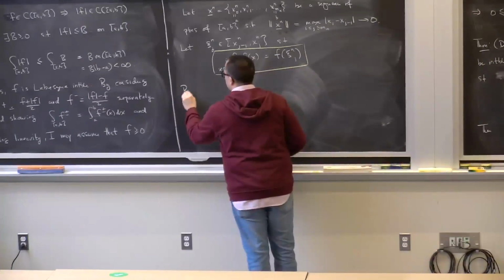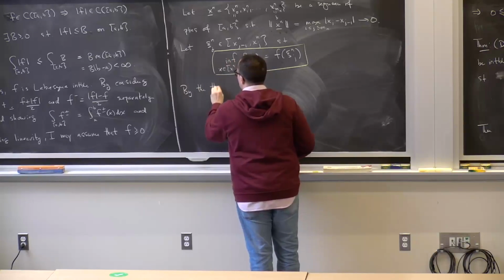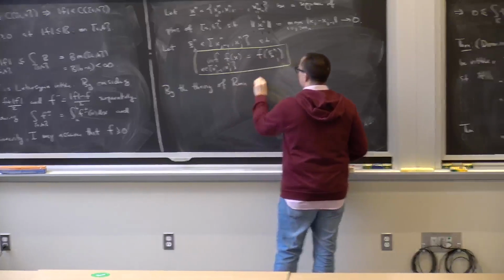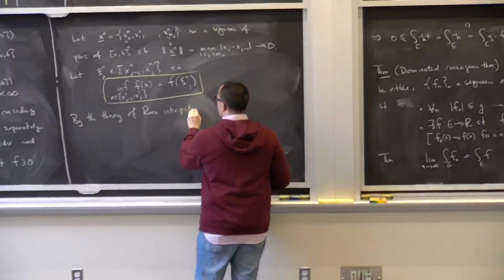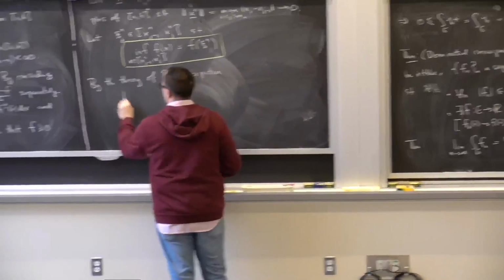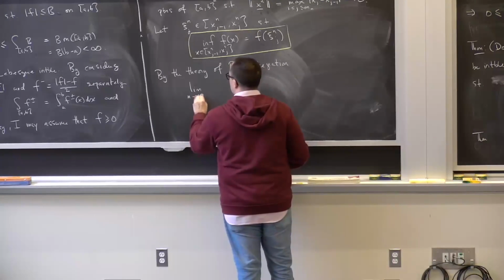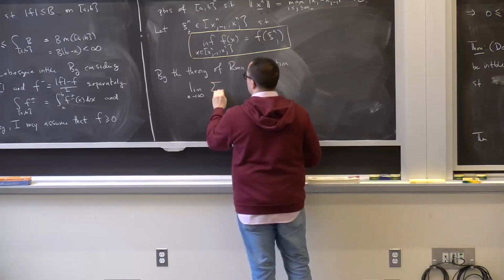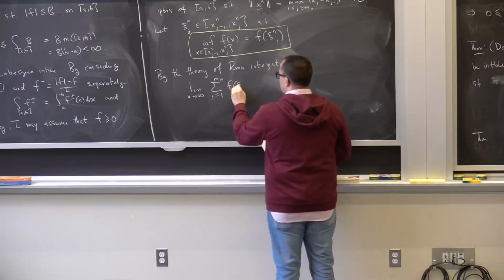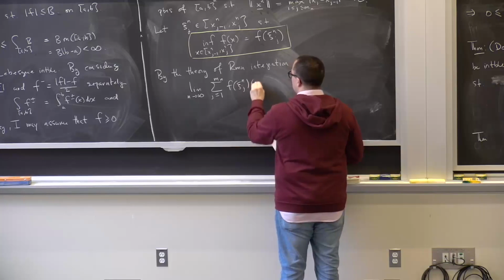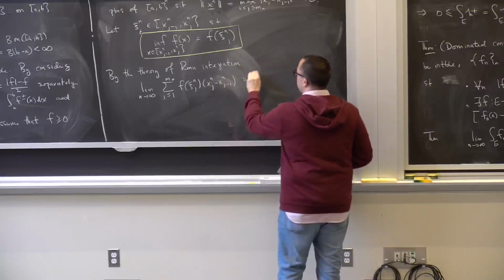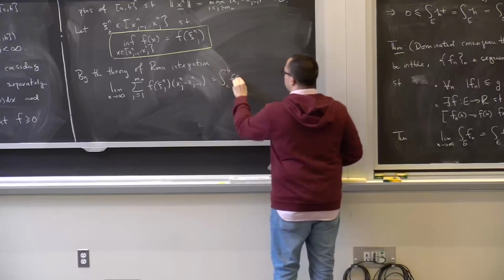Then by the theory of Riemann integration, if I look at the limit as n goes to infinity of the associated Riemann sums, this limit exists, and you get the Riemann integral of f.